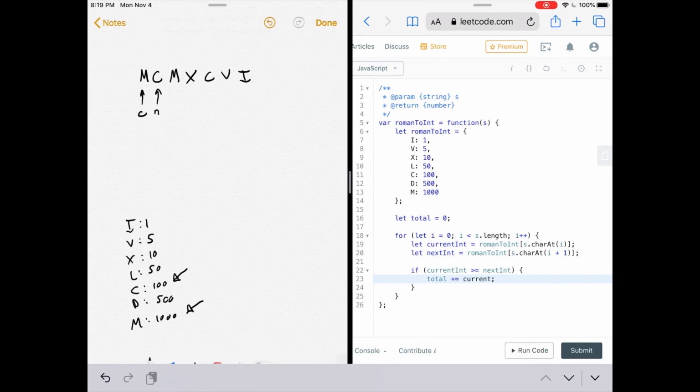The current int is the letter M, so our total so far is 1,000. I just noticed that I'm calling current and it should be currentInt. Let me fix that.